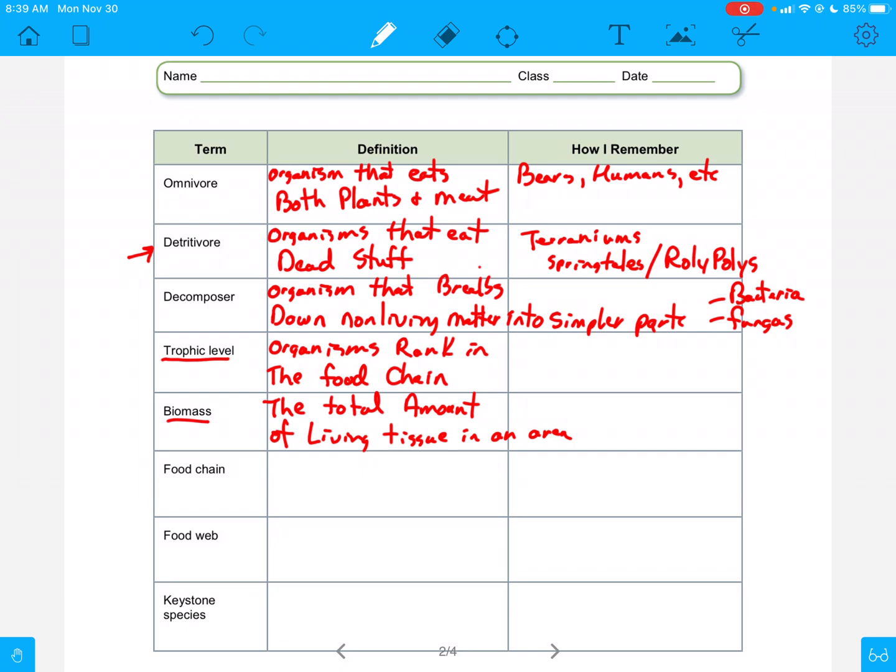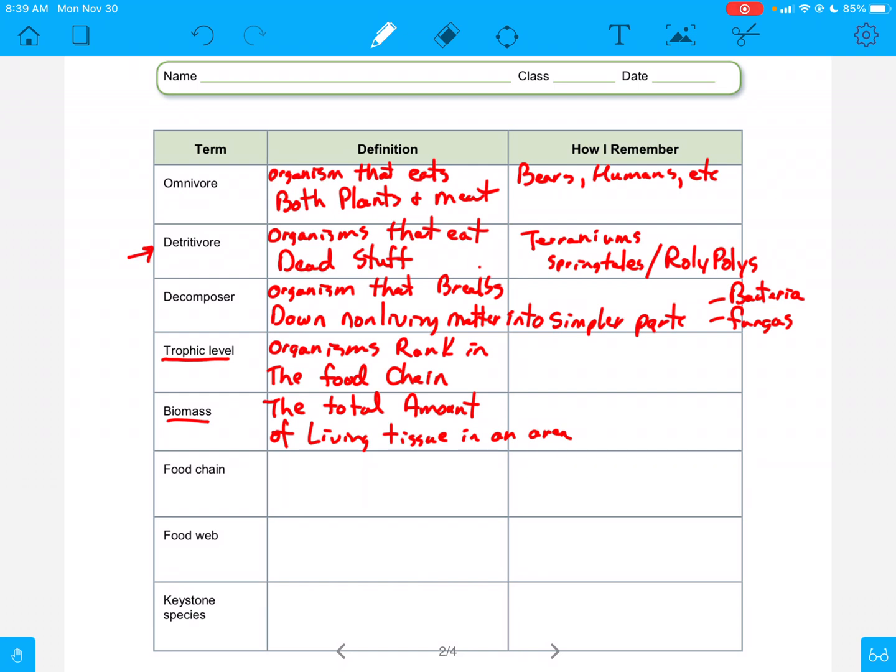So let's talk about a fish tank for a second. In a fish tank, you're going to have pounds and pounds and pounds and pounds of gravel and sand and decorations and water. None of those things are alive, right? But if you took all of the bacteria and all of the fish and all of the crayfish and all of the snails and all of the plants that are alive, and you put them on a scale, that's going to be the total amount of living things that are in a particular tank.